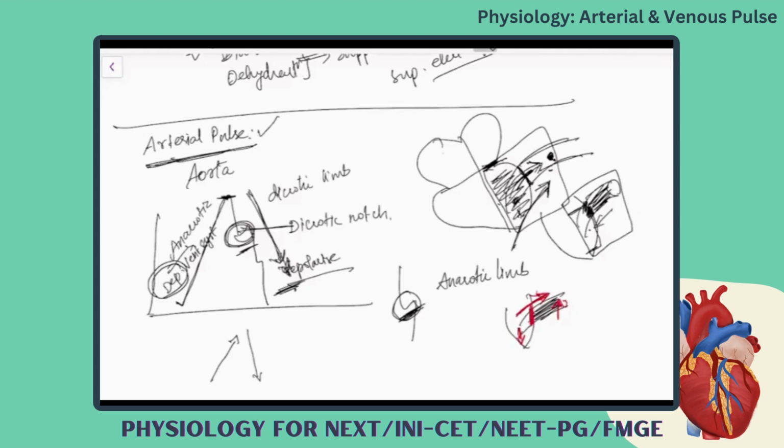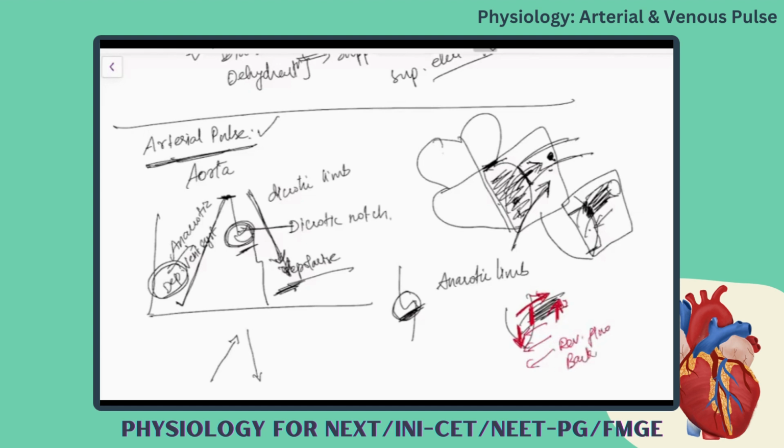Why? Because now the ventricle is considered as a low pressure zone and the aorta is considered to be the high pressure zone. There is a chance of blood to move from high pressure to the low pressure zone. That is called as reversal flow or backflow of blood.